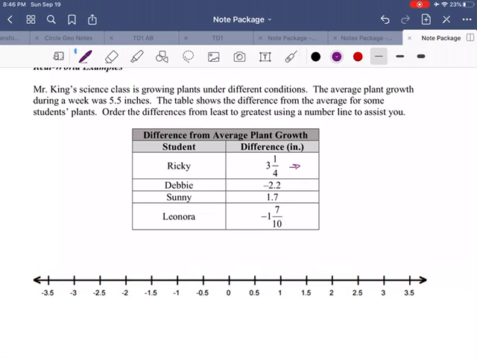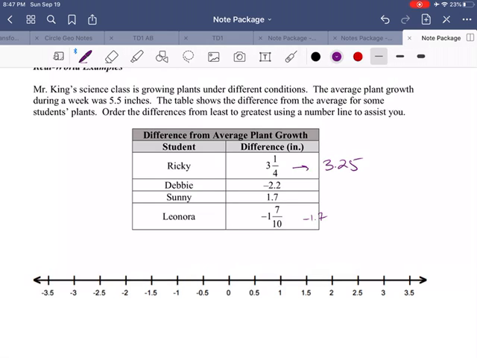So we're going to have 3 times 4 is 12 plus 1 is 13 over 4. And negative 2.2, negative 1.7, those are still all right. And then this is going to be negative 1.7. Now I guess you could, if you wanted to change, I know that 1/4 is 0.25, so this could be 3.25. All right, so let's do a least to greatest.